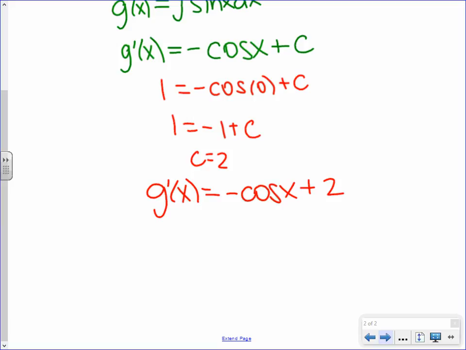However, we want to get all the way to just g. So we're going to have to do this process again. In order to figure out what g of x is, we need to take the antiderivative of the derivative.